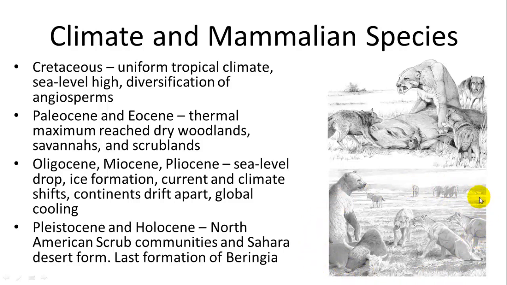So in the Bering Strait, when it was land, you had some of these mammals: a large bear, some large cats, some woolly mammoths, in this grassland area. In the Pleistocene and Holocene, you then had the appearance of North American scrub communities, and the Sahara Desert formed. And this was the last formation of Beringia.